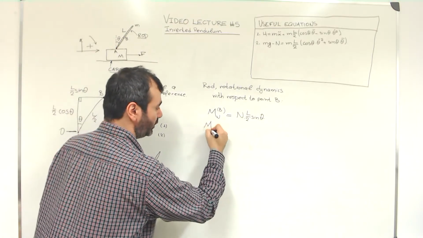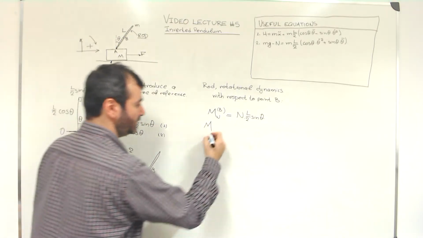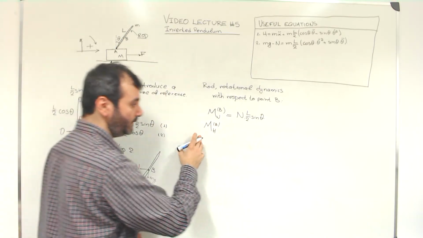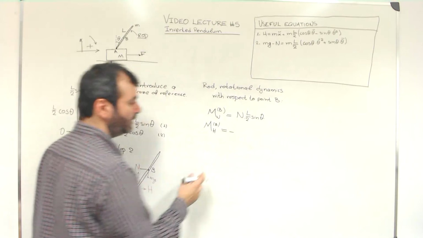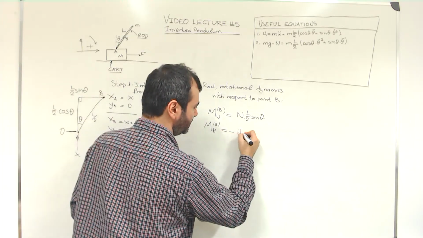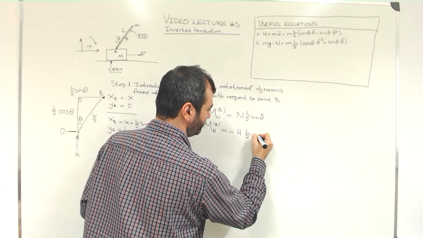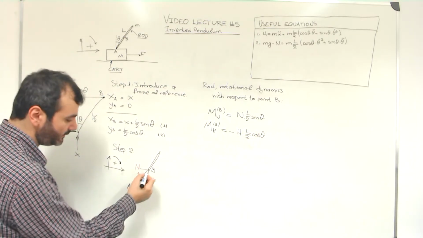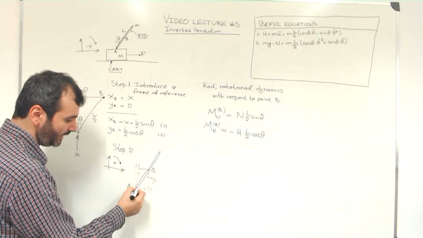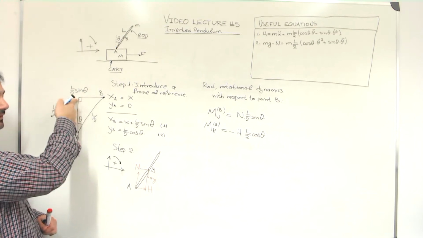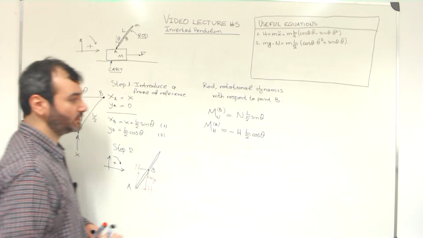Now, the torque of force H around point B is equal to minus this time, okay, H L half cosine theta, because now the distance between this force and this point is the length of this line segment here, which is L half times cosine theta.